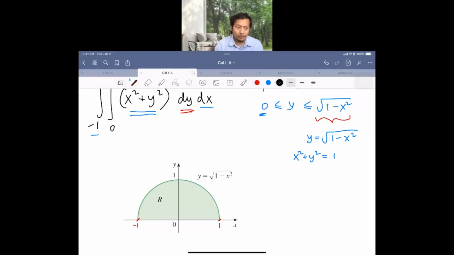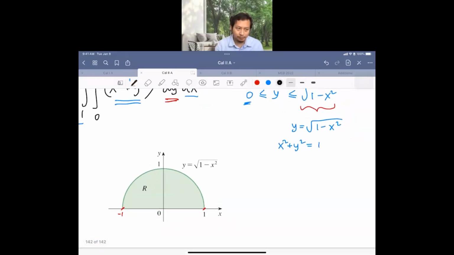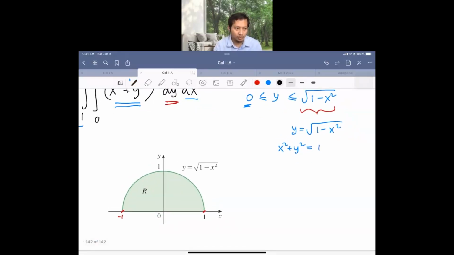So we could write the r. Let me write it completely. You can skip this in your exam and just focus on finding the answer, but let me write this for you.